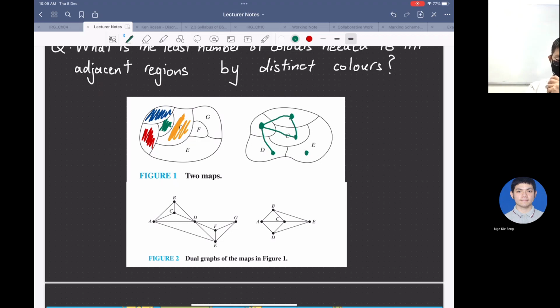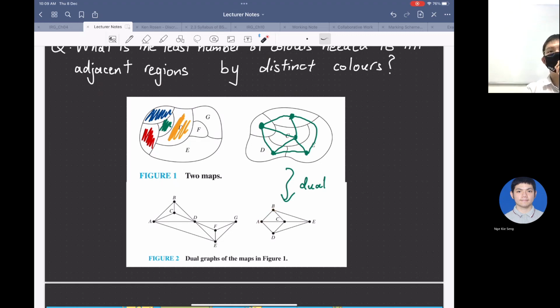So actually you can produce a graph, which we call the dual graph. In this case, coloring of the map becomes a coloring of the vertices. So adjacent vertices have to be filled with different colors.